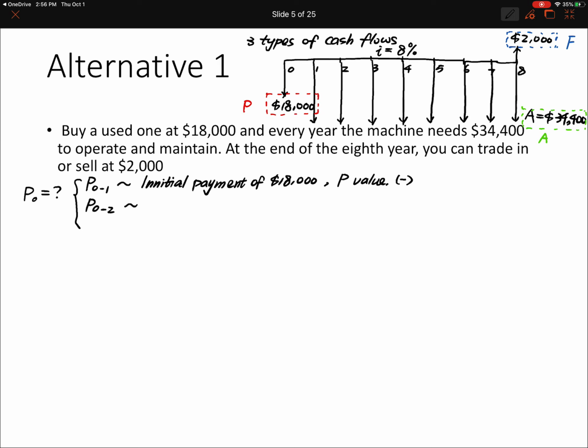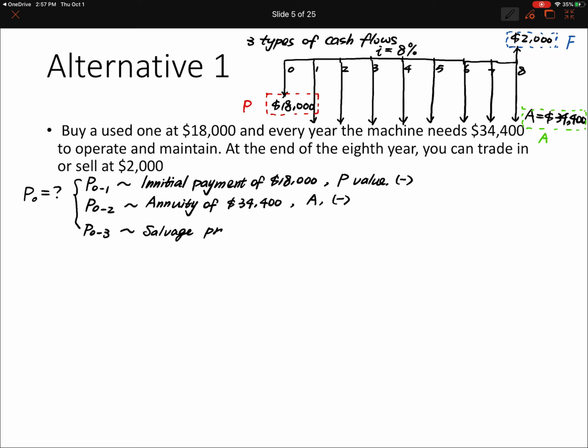And you have another part, you can label it as P02, which is from the annuity of how much? Of 34,400. Okay, and we said the type is annuity. And then of course it's a cost, so it's negative. We have a third part of the present value, which is from a future value.